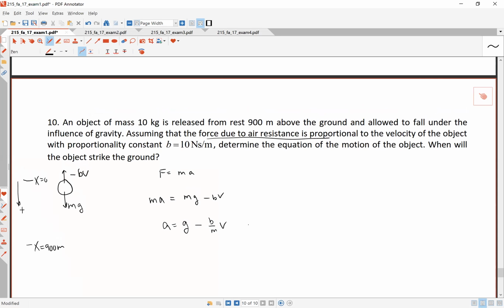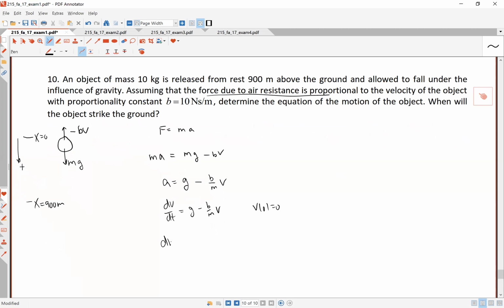And we know that this is dv dt. We know that v of 0 is 0.